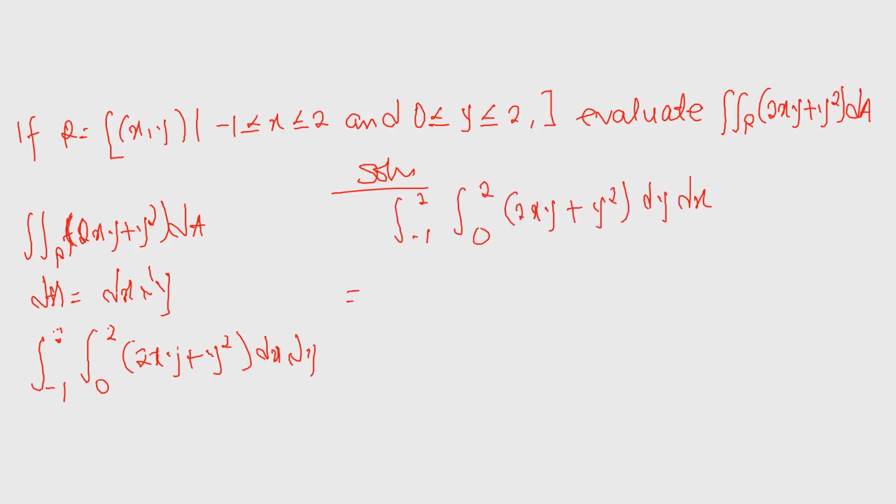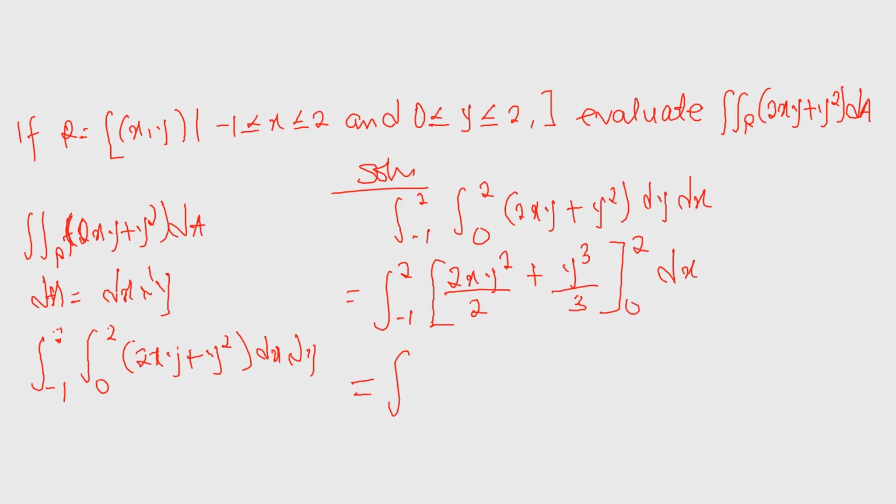Now let's integrate with respect to y. If we integrate the function with respect to y, we are going to have 2xy squared over 2 plus y raised to the power of 3 over 3, then we put our boundary, that is 2 and 0. At this point, we put in our values.